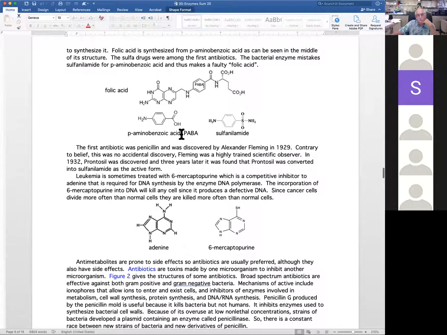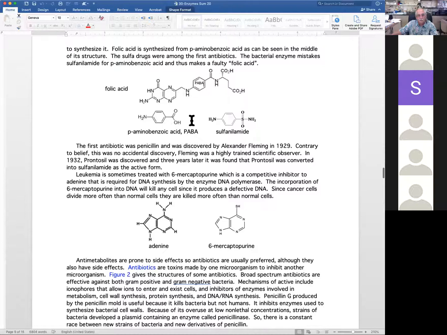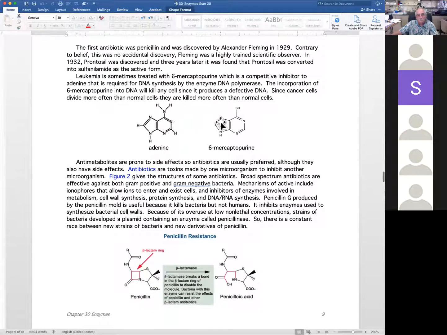So you can see that sulfanilamide is a competitive inhibitor to paraminobenzoic acid for the enzyme. This is also a competitive inhibitor.